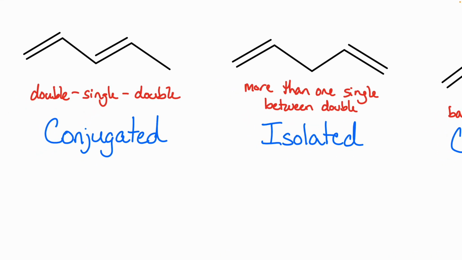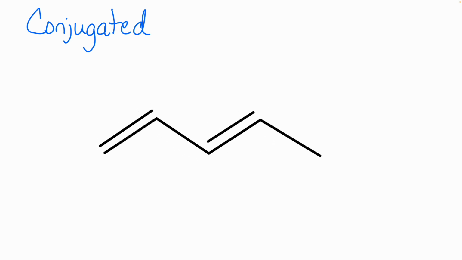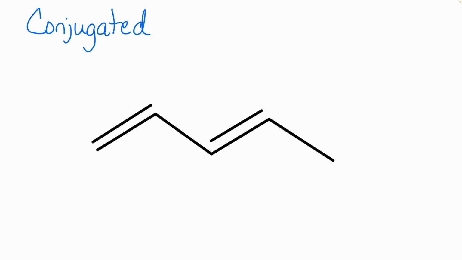All right, so let's extend this now to our conjugated dienes. Okay, well, in my conjugated diene, about this double bond, both of these are sp2 hybridized carbons, meaning they both have that peanut-shaped p orbital sticking out above and below the molecule.